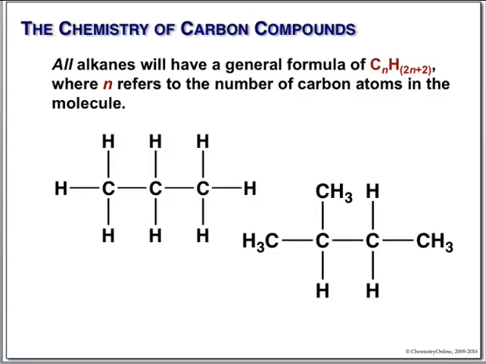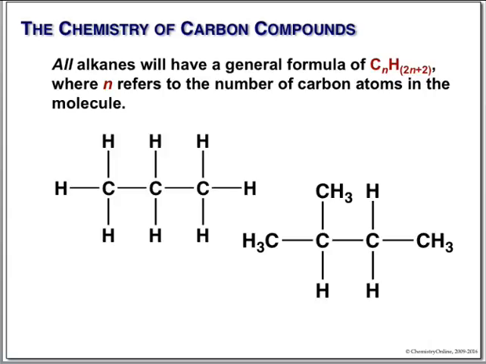If you look at an alkane, here's the one we looked at with a 3-carbon parent chain. Here was our 4-carbon parent chain with a CH3 as a side chain. There's a pattern as to the general molecular formula. Here we have 3 carbons.